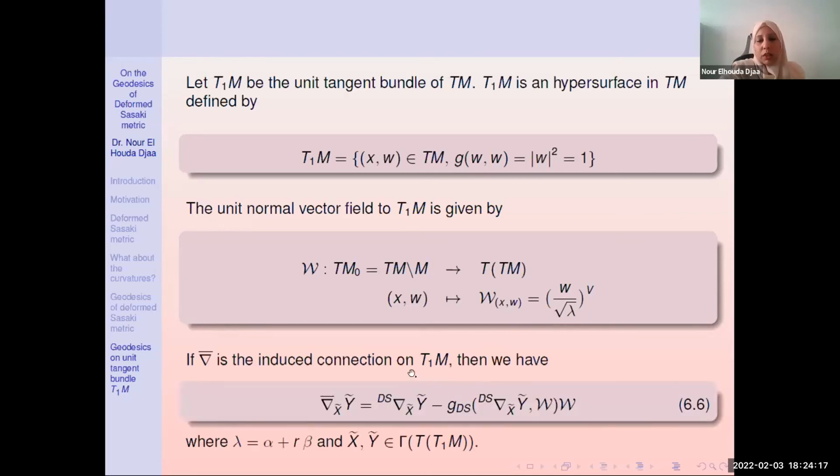So the connection on T1M equals the connection on TM minus this term right here. Well, this term is orthogonal to T1M and is also called the second fundamental form. In our case, this part equals rho W.